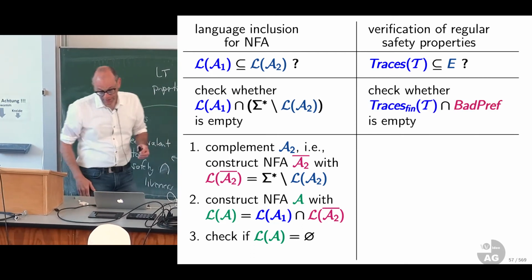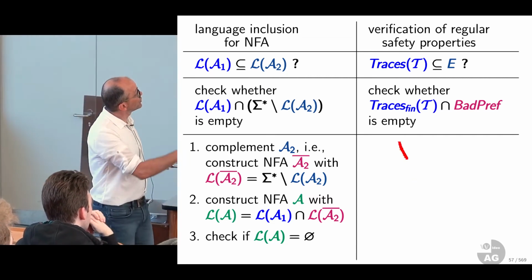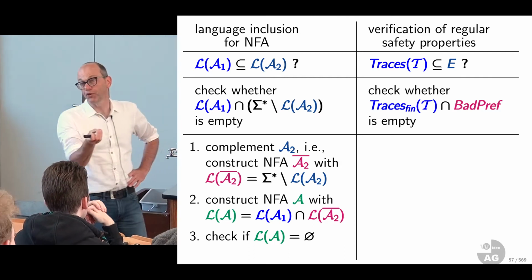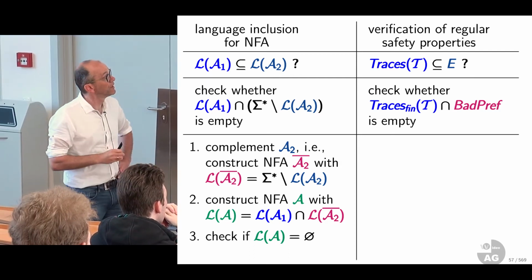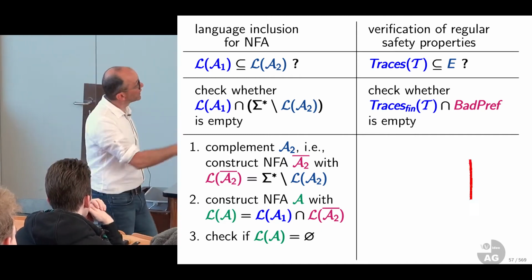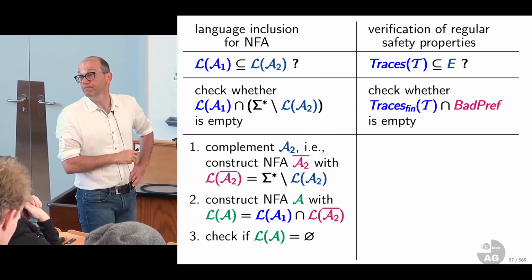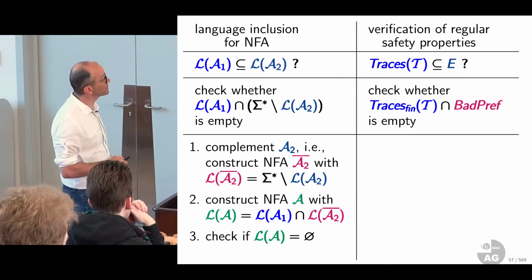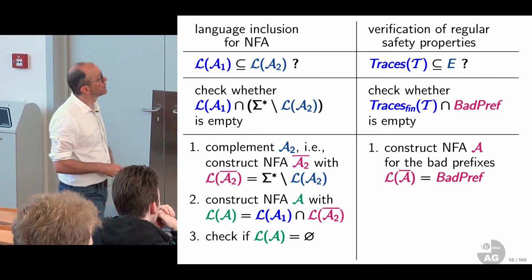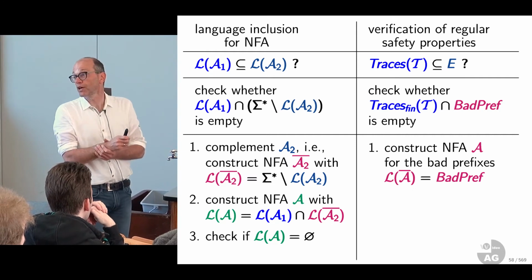So how do we do this here? We're going to do this in a very similar manner. We're going to check whether the finite traces, so all the finite behaviors exhibited by the transition system, can never expose a bad prefix. That means the intersection with the set of bad prefixes of E is empty. How are we going to do this? We're going to construct an NFA for the bad prefixes. In some sense, you can consider this as the language of the complement of the safety property that you are considering, right?